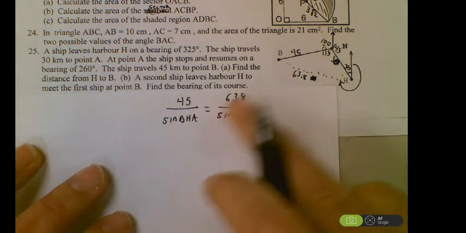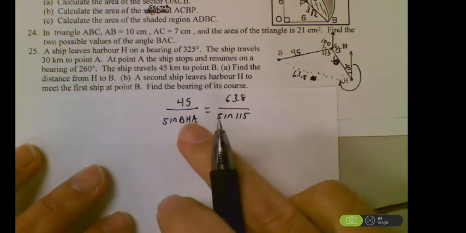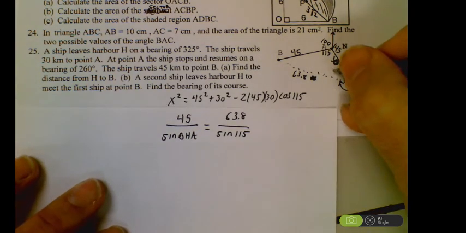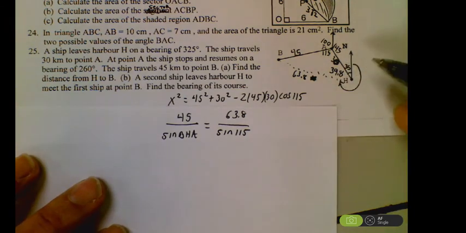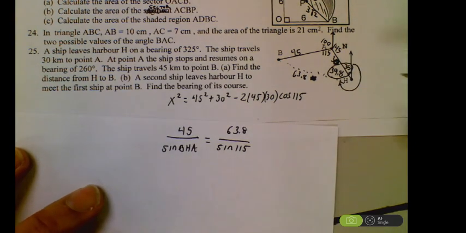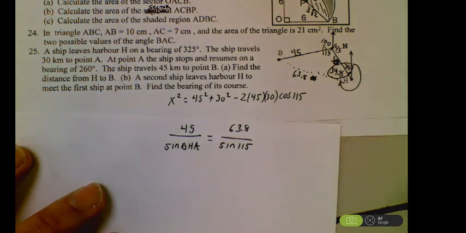Do a little cross multiplying on that. Ultimately, you have to do an inverse sine to get that angle. If we do that part, it looks like we got 39.8 degrees for him. Sorry, this is getting a little clouded over here, but if I take my 360 and subtract out those two angles from 360, that's going to give me my bearing that I'm looking for. So that would be your last step.